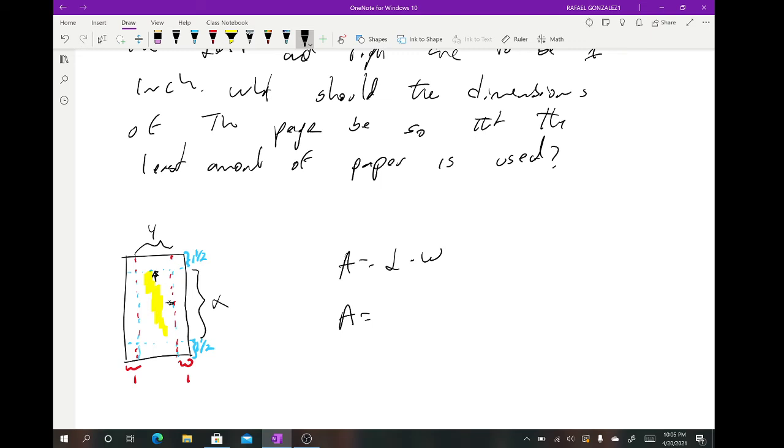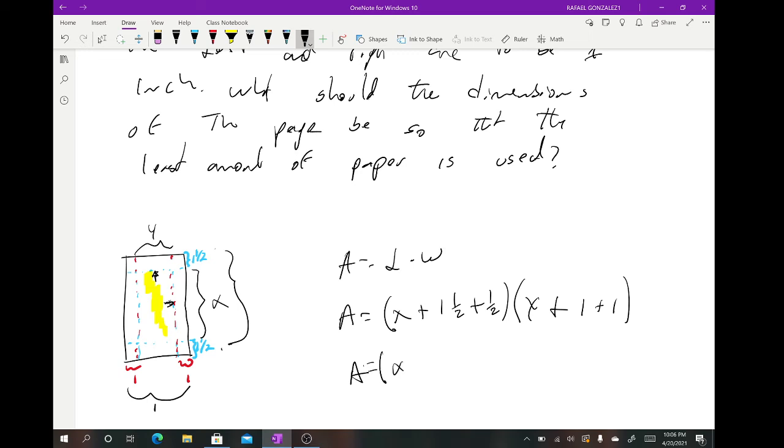For the entire page, the width is x plus 1.5 plus 1.5, because we have two of them, times y plus 1 plus 1 as well.